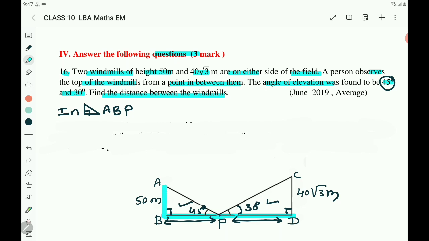And AB is opposite side for angle 45 degree. And BP is adjacent side, which trigonometric ratio is having opposite side by adjacent side, that is tan theta. So you take tan 45. Here theta is 45 degree. Then you take tan 45 degree is equals to opposite side by adjacent side. Opposite side is AB and adjacent side is BP.